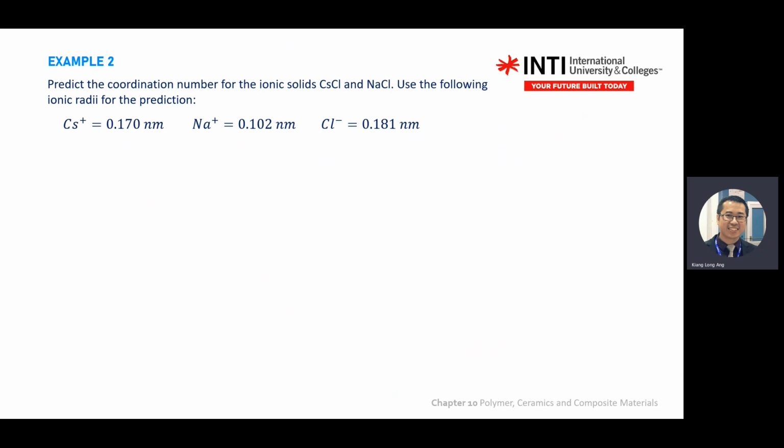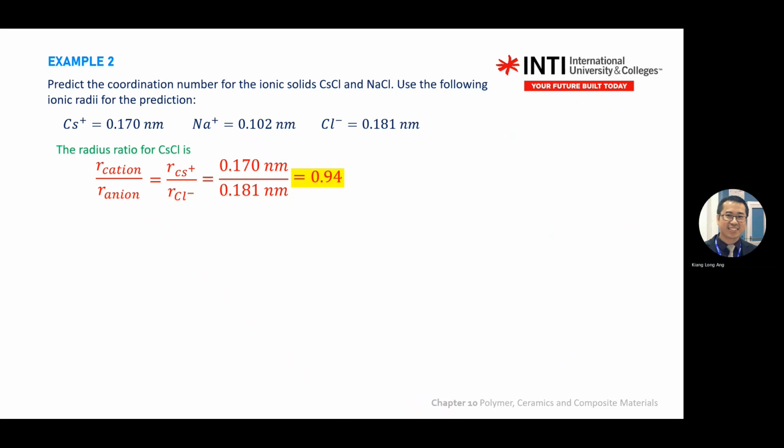So the first one, CsCl, is Cs 0.17 and Cl 0.181. So for the ratio, you just put in the numbers. Cs divided by Cl, 0.17 divided by 0.181. So you get 0.94.